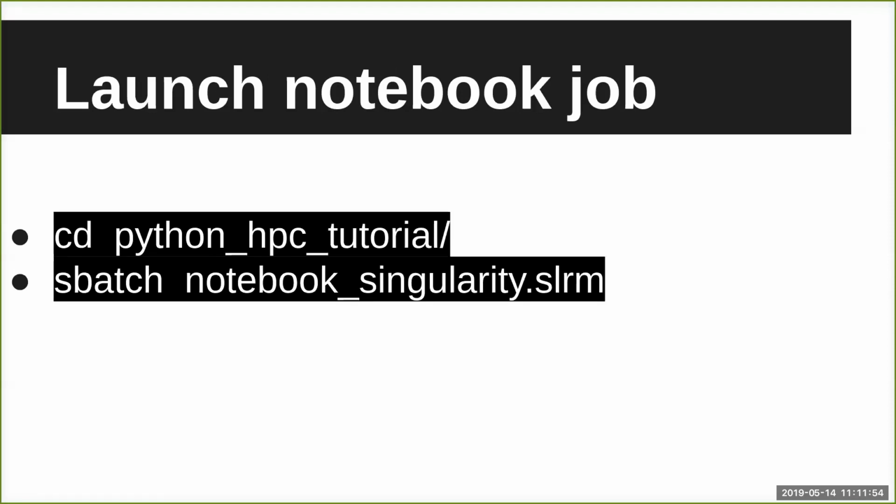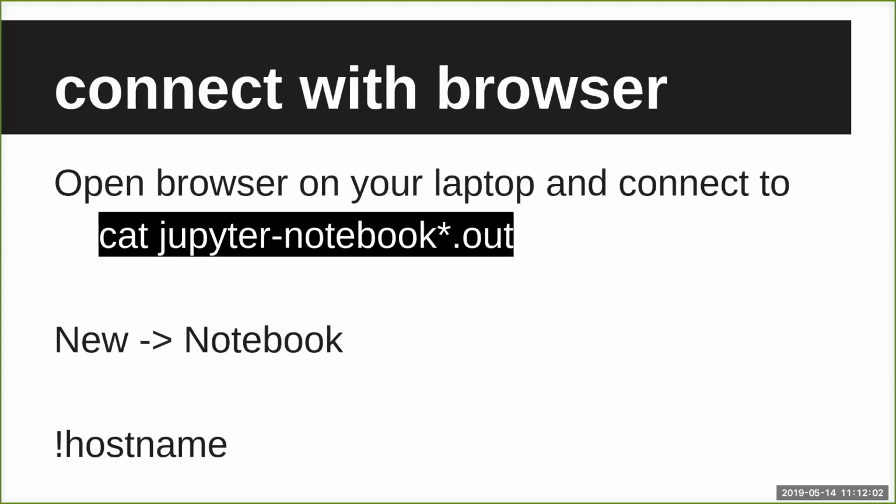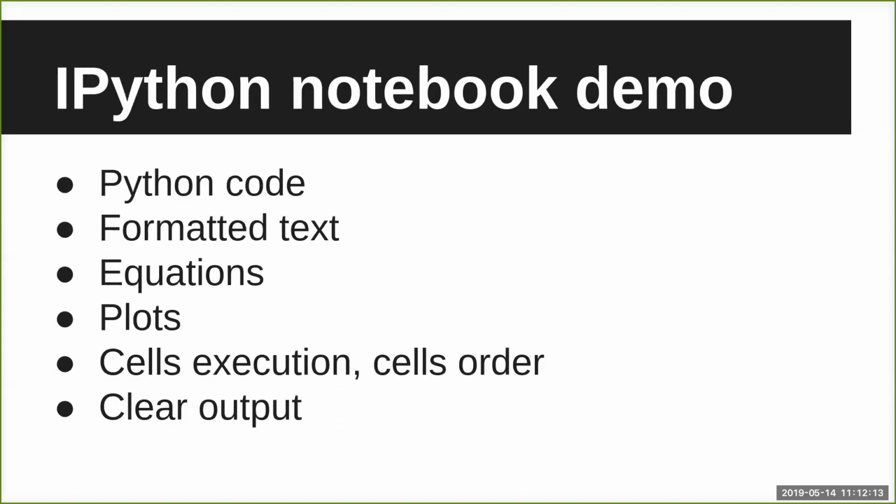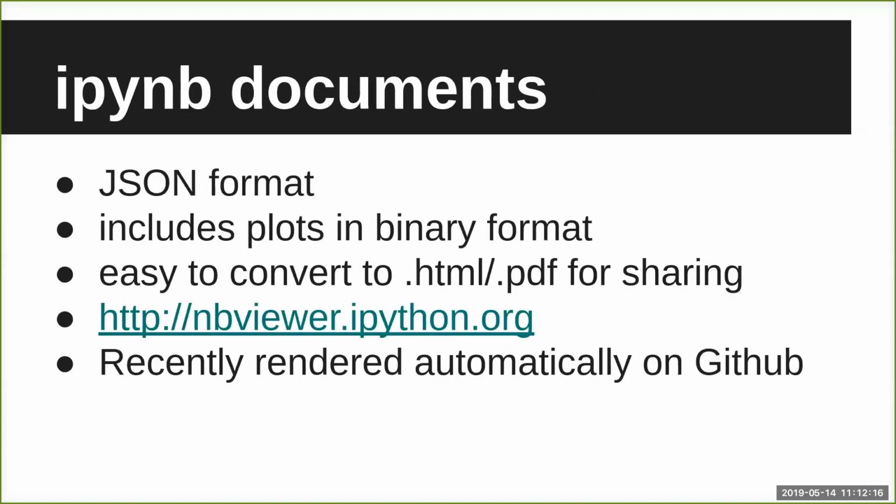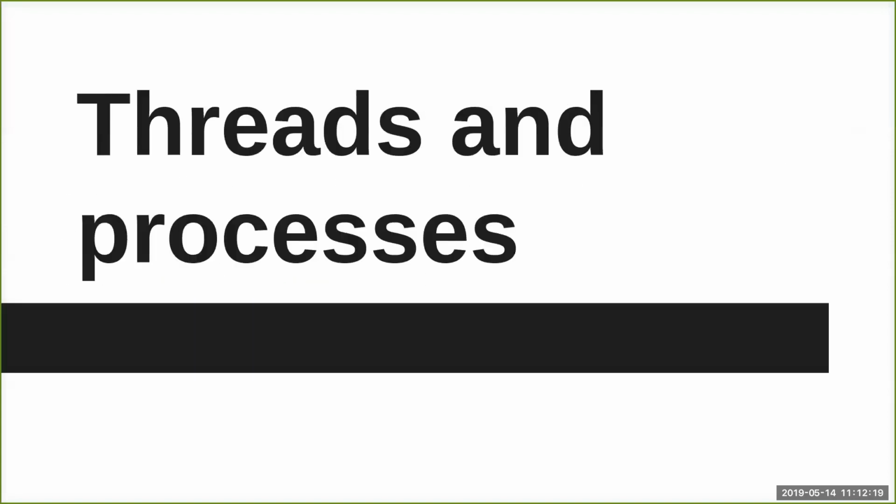Once you check on your scheduler that your job is already running, you can take a look at the output file that's going to tell you the address of your notebook, and you can connect to that. And in the rest of the tutorial, we're going to use that notebook to execute some data processing directly on that node, or to connect to workers running on remote processes.